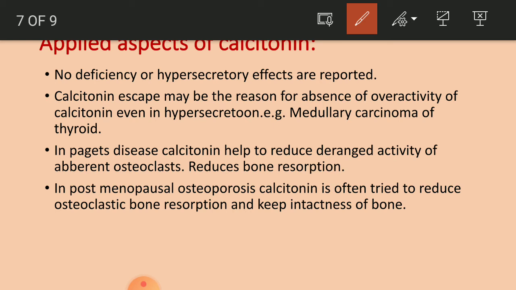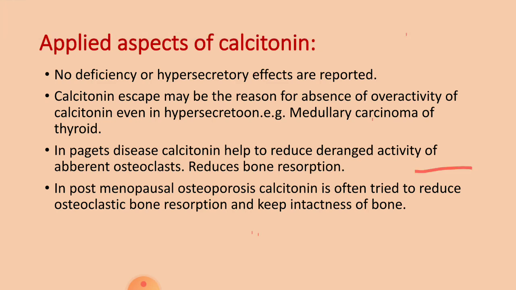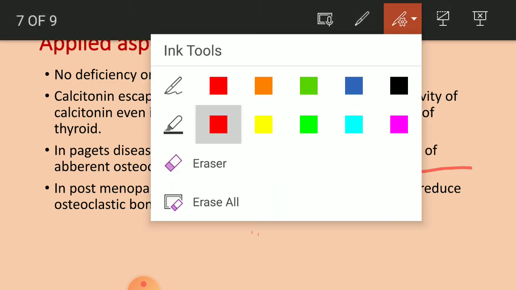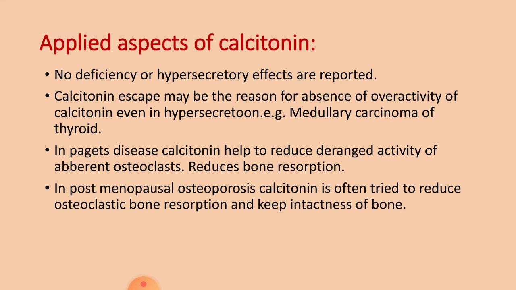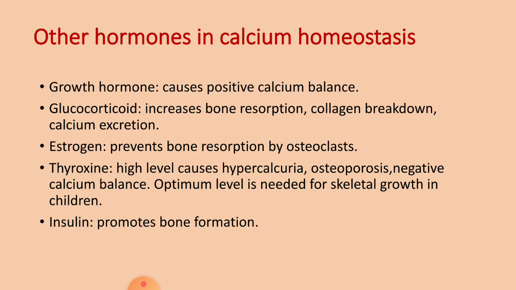So, there occurs prominent osteoporosis, and this is very common condition, and this has been tried with injection or supplementation of calcitonin, which is one of the major suppressors of osteoclastic activity. So, by reducing osteoclastic bone resorption, calcitonin helps postmenopausal osteoporosis. So, these are the applied aspects of calcitonin.